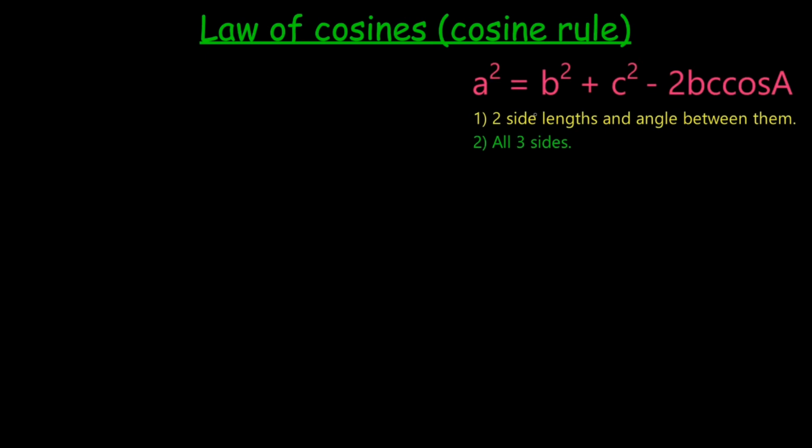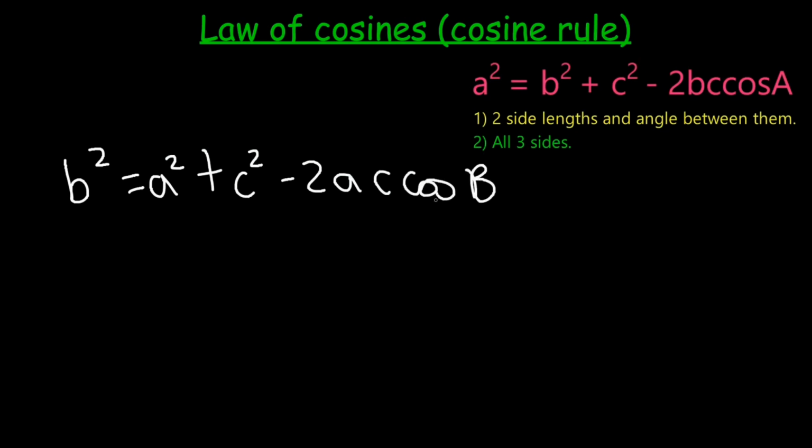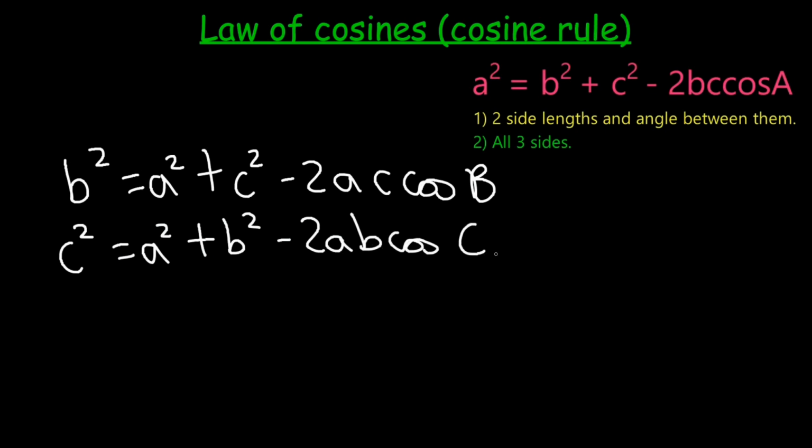They're all just a rearrangement of this one here, but just for reminder's sake, we can say b squared is equal to a squared plus c squared minus 2ac cos B, and c squared is equal to a squared plus b squared minus 2ab cos C. Now if you notice here, whichever angle you have on the right hand side of the equation, you will have on the left hand side the side length opposite that angle.